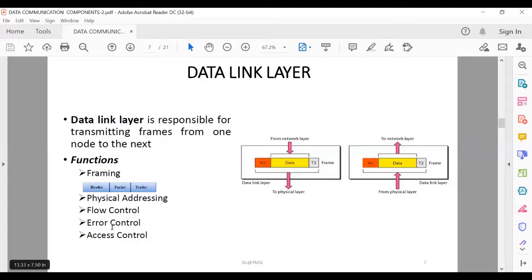Flow control is the main functionality of this data link layer. In this technique, a constant data rate is maintained on both sides so that no data gets corrupted. It ensures that a transmitting station, such as a server with higher processing speed, does not overwhelm the receiving station, which has lower processing speed.